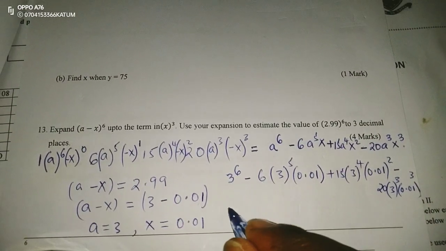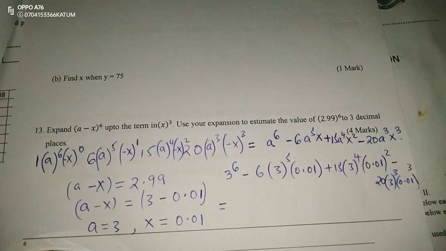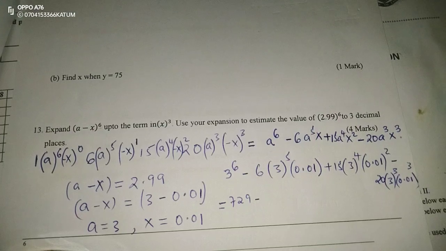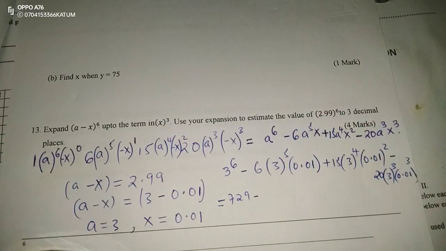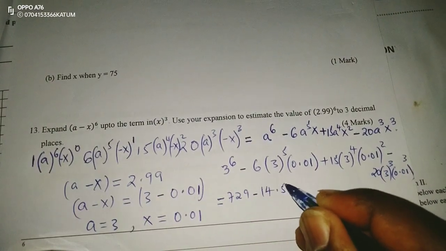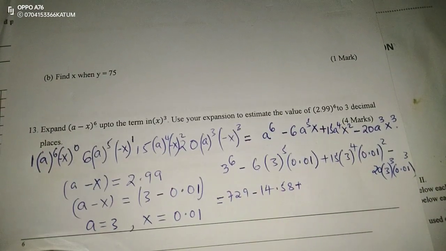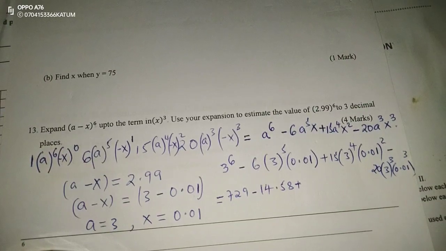So now we can use a calculator to evaluate all these. 3 power 6 is 729. Minus 3 power 5, 243 times 6, then we multiply by 0.01. This is 14.58. Plus, when you have 3 power 4, 81 times 15, then we multiply by 0.01 squared.